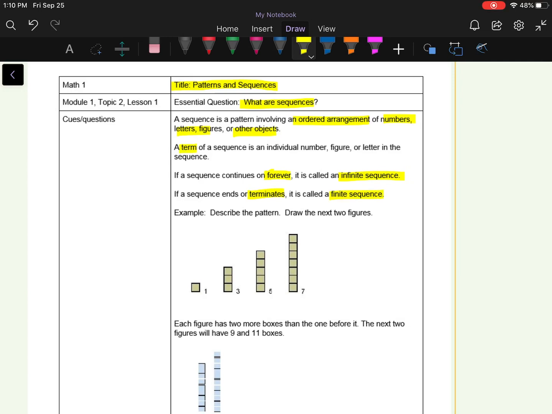The given example here, we're trying to see what is happening from here to here, and then from here to here. Because this is review, you guys know that this looks like it's plus 2, plus 2, plus 2, right? So this would be an arithmetic sequence, because arithmetic has to do with addition and subtraction.